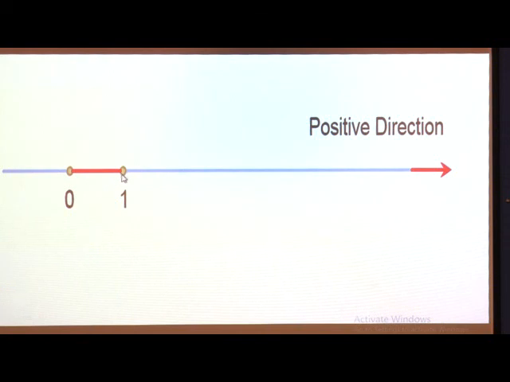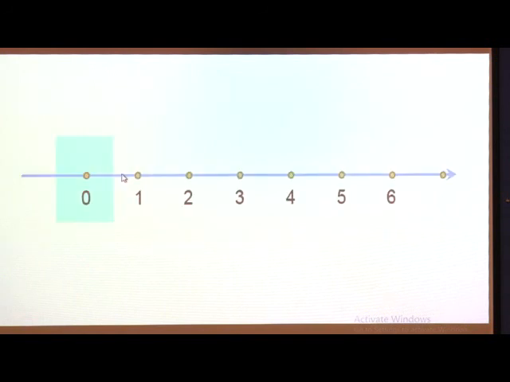In the same way, the distance from 1 to 2, 2 to 3, 3 to 4 is also called unit distance. So, as we move from 0 towards the right side, we move in a positive direction, and the distance between 0 and 1 is called unit distance.